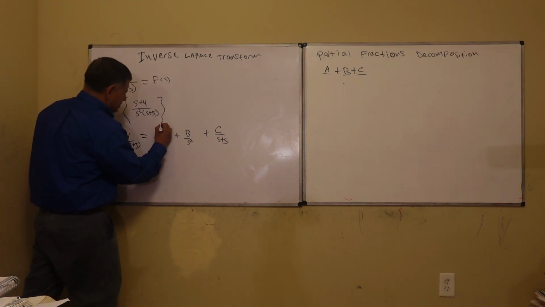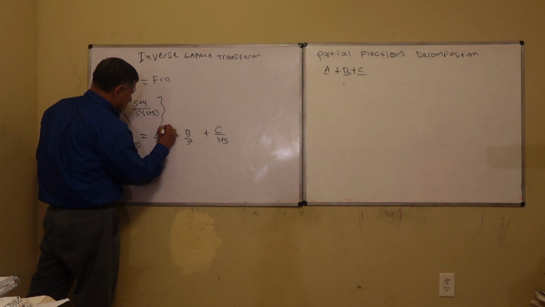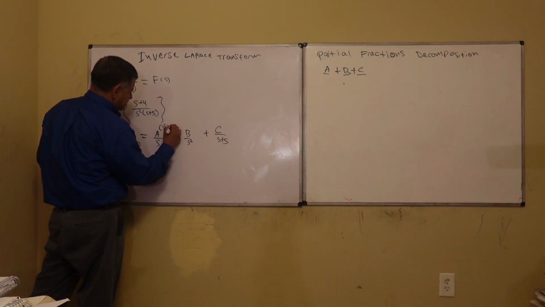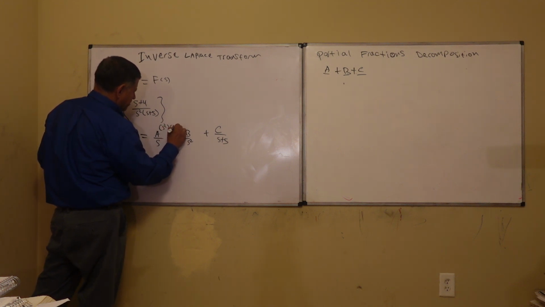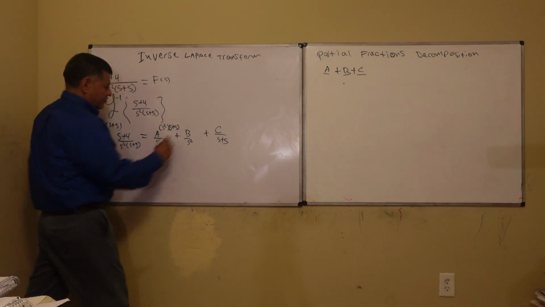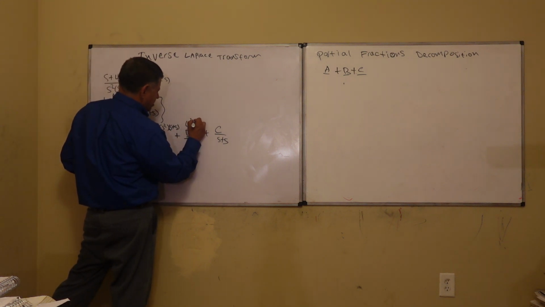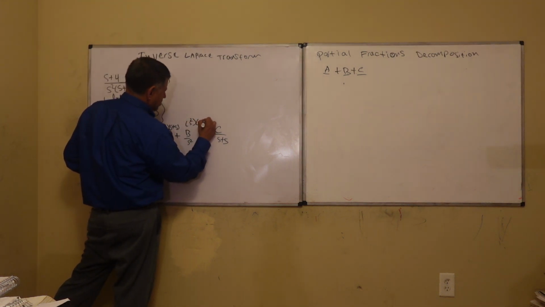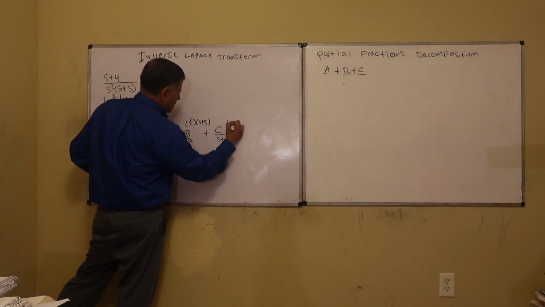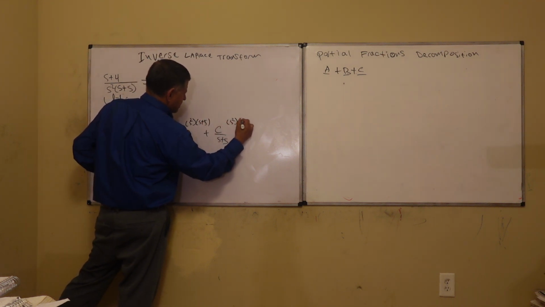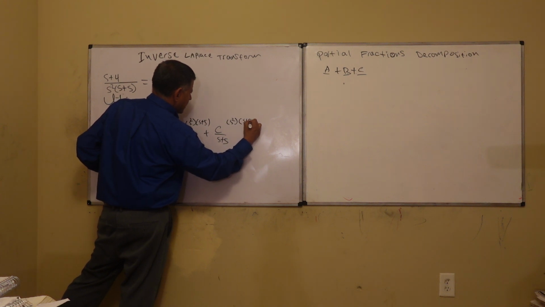And then right here, I multiply by s squared times s plus 5. And over here, the same, s squared times s plus 5. And over here, s squared times s plus 5.